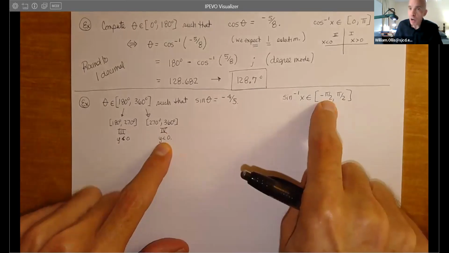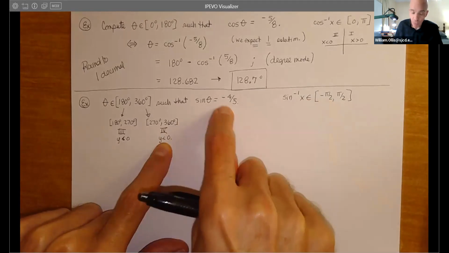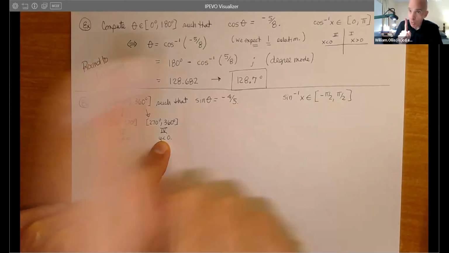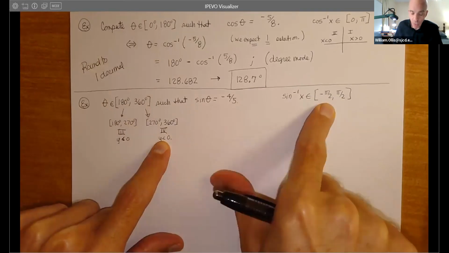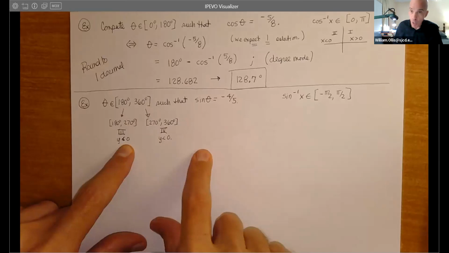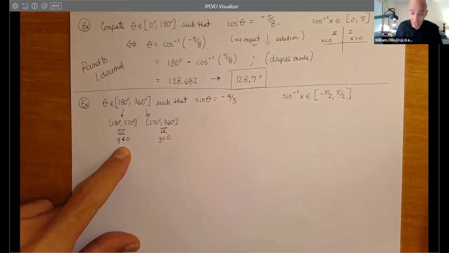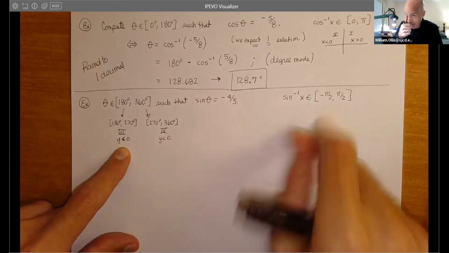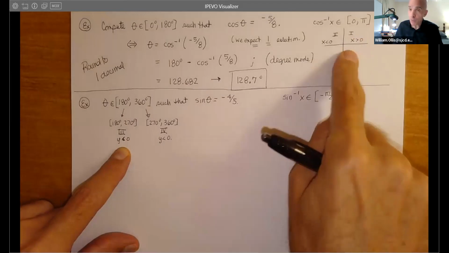If we are to solve an equation of this form, then the output will give us a solution in the fourth quadrant, because there's only one, because again, the inverse sine function is 1-to-1. But we know because the sign convention is the same for sine in both of these quadrants, and they have the same reference angle or number, then we have another solution over here that of course is not given by this. So that's a complexity, again, that we did not have up here, because again, the signs are different.